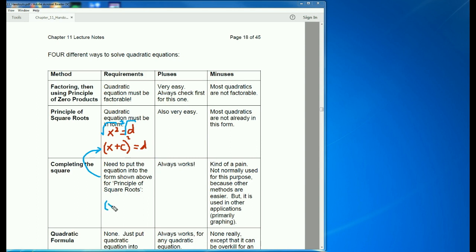So if it's not, well, it's not already, so you need to put it into this form by completing the square. This method always works, but it's kind of a pain. I personally would never use this method to solve a quadratic because it's too much of a pain.